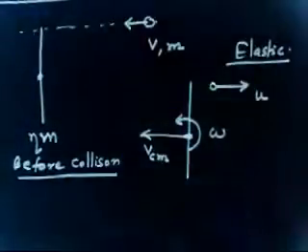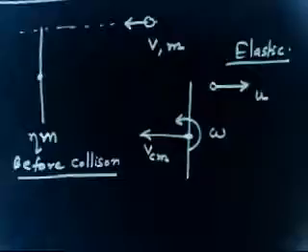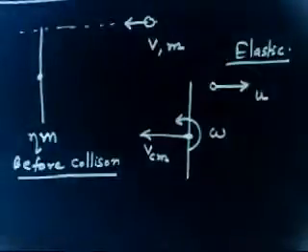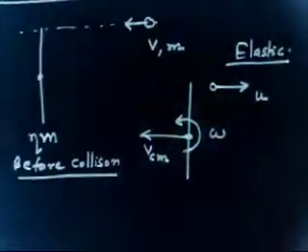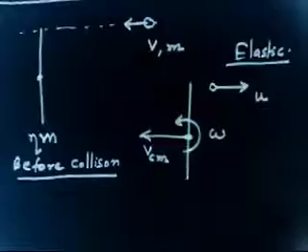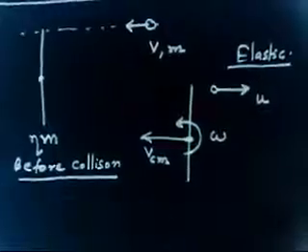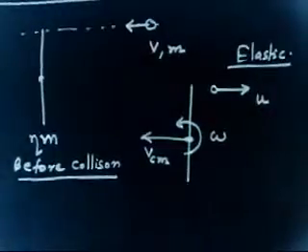So this rod has basically two kinds of motion. Translational motion, in which the center of mass is moving with velocity V_CM, and the rod is also rotating, so let us say the rotational angular velocity is omega. Now I have to write three equations because we have three unknowns: u, V_CM and omega.